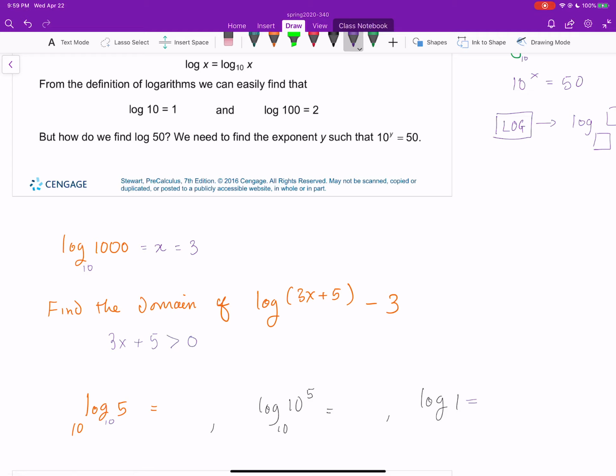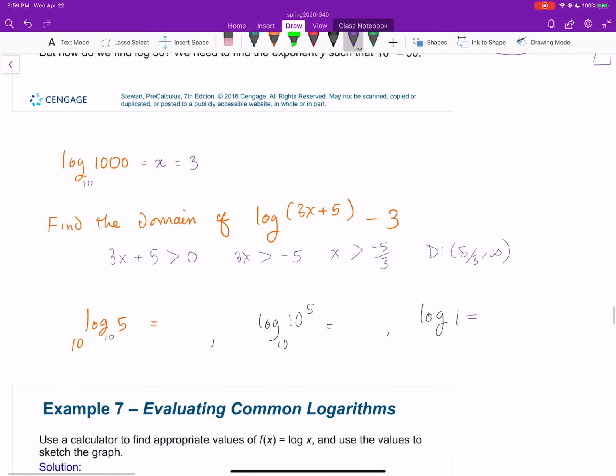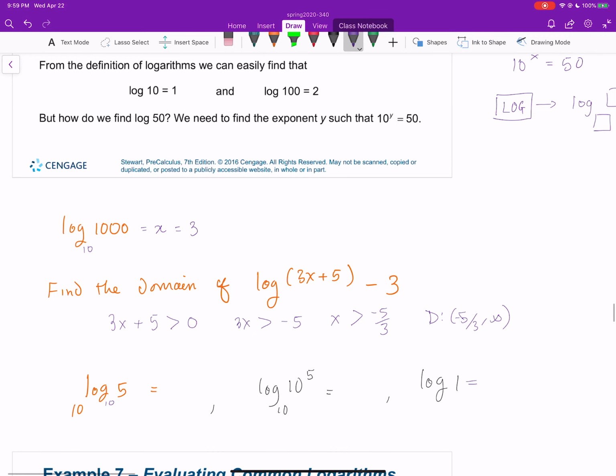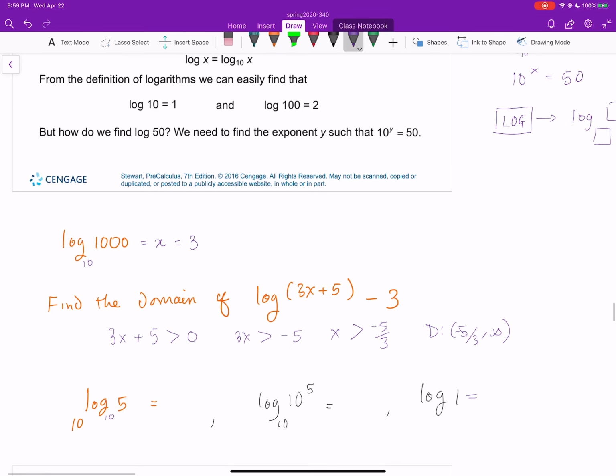So we end up with 3x is greater than negative 5, x is greater than negative 5 over 3. So my domain is negative 5 over 3 to positive infinity.